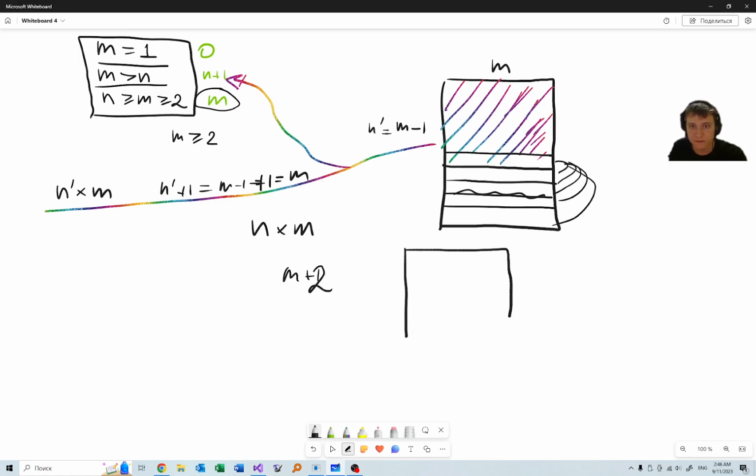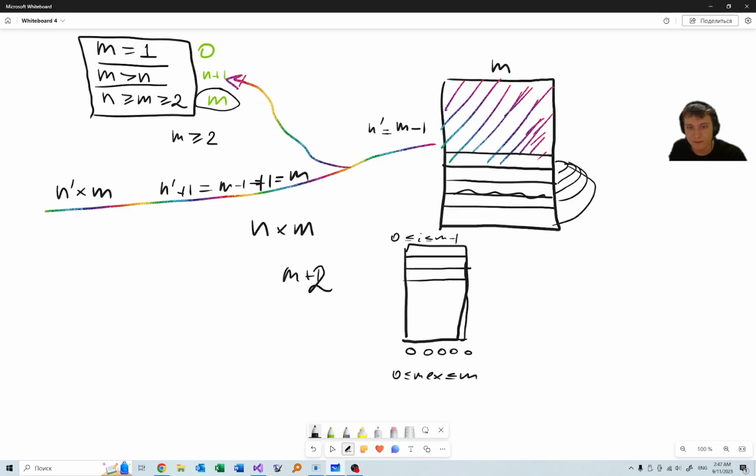This is because if you fill a matrix with n at least m, all numbers in all entries are between 0 and m minus 1. So each max in all columns is between 0 and m.